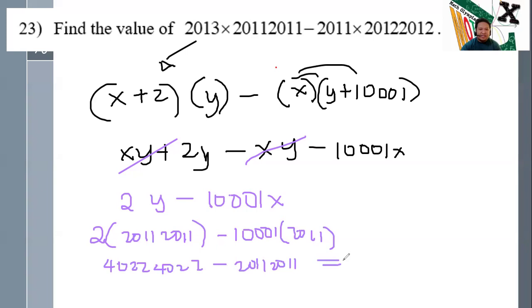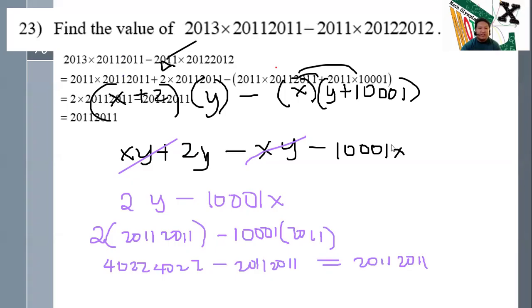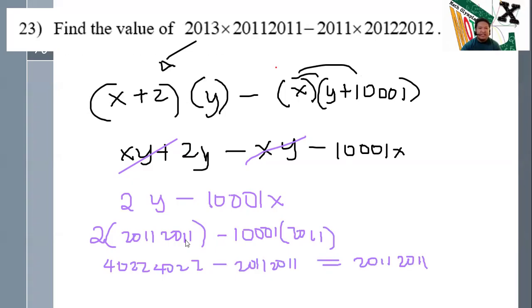As you can see, if you subtract this, it will go back to 2011 2011, and that will become the answer to our question here. Any question with that one? It's a little bit easier if you do it in algebra.